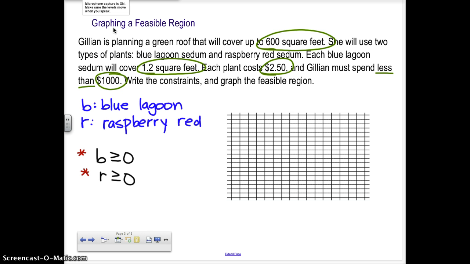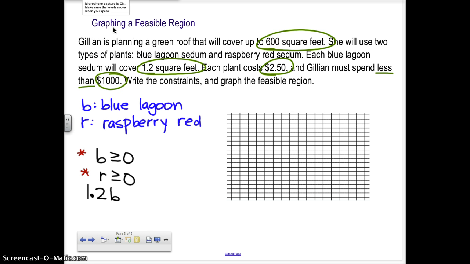Then the next thing, we know that we're covering up to 600 square feet. In order to cover that, every Blue Lagoon covers 1.2 square feet.